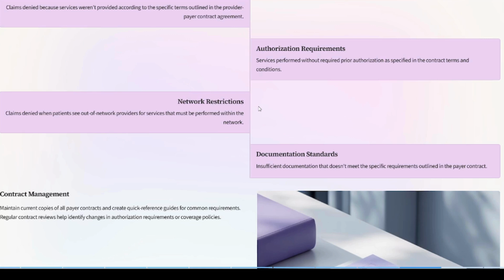All right. So, contract management. You want to maintain current copies of all payer contracts. You can create a quick reference guide for common requirements. Regular contract reviews help identify changes in authorization requirements or coverage policies. Okay.